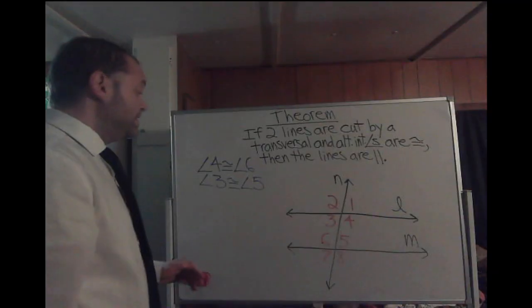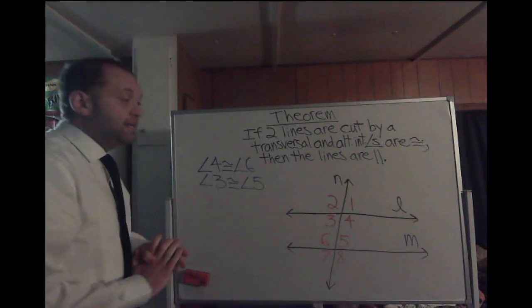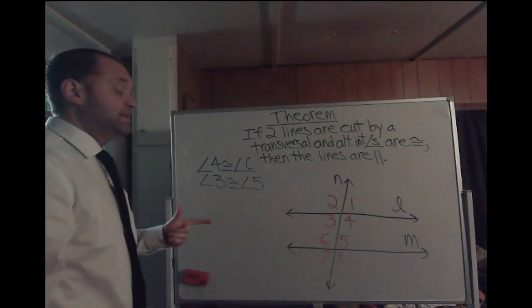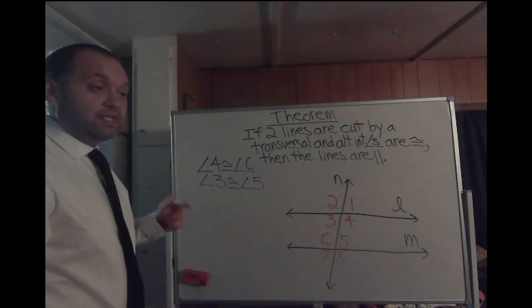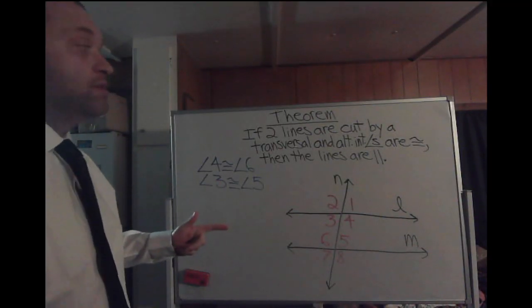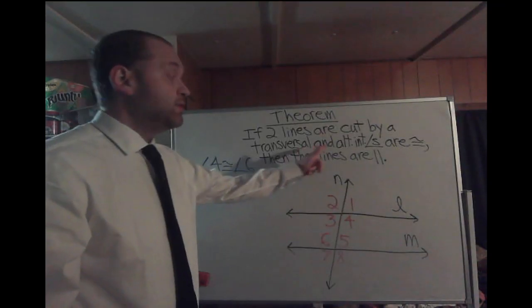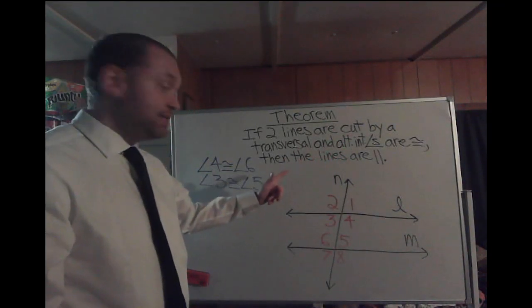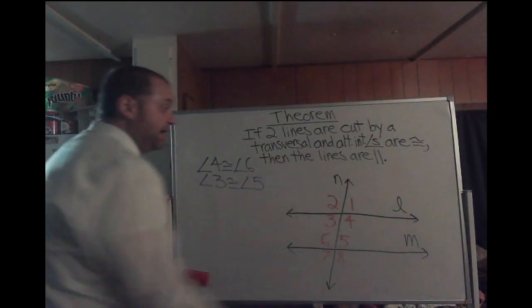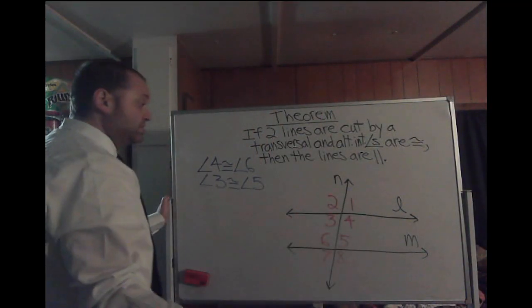So, we also talked about a theorem last lesson that stated if two lines are parallel and a transversal cuts those two lines, then alternate interior angles are congruent. Well, today we have the converse of that theorem. It states that if two lines are cut by a transversal and alternate interior angles are congruent, then the lines are parallel. So here again, we have lines L and M with transversal line N cutting both of those lines.